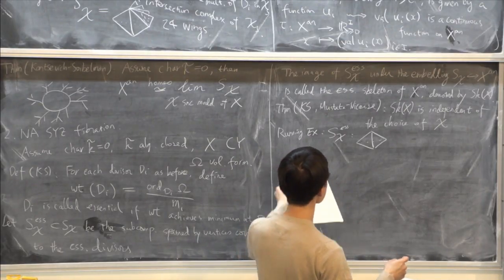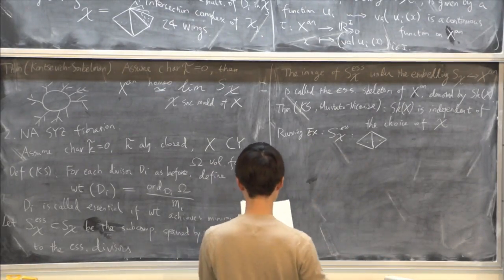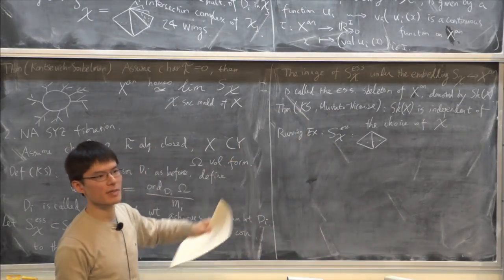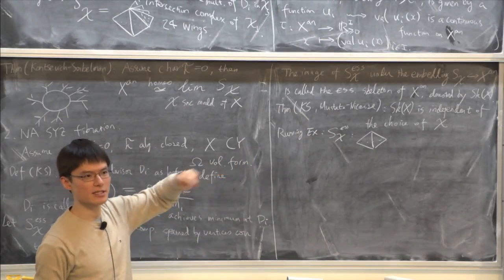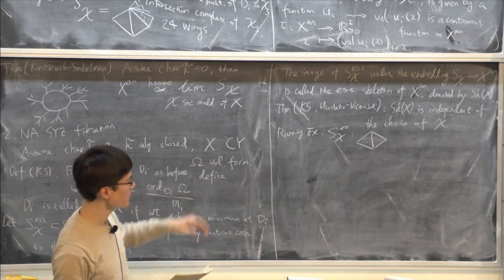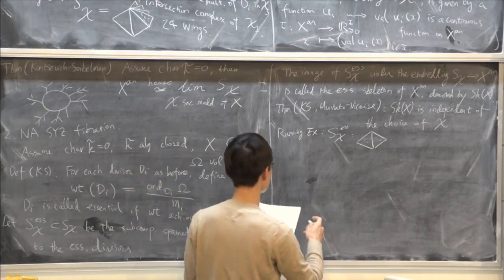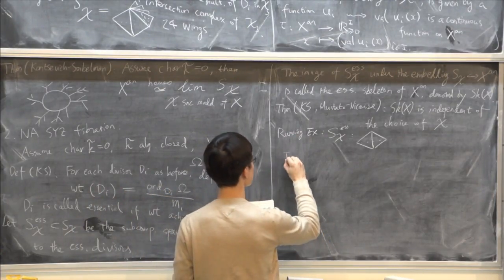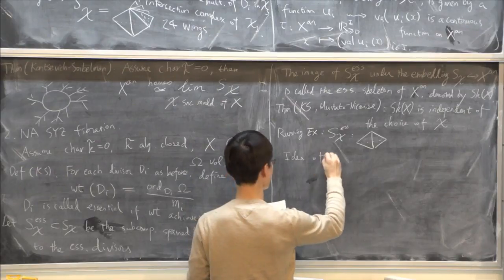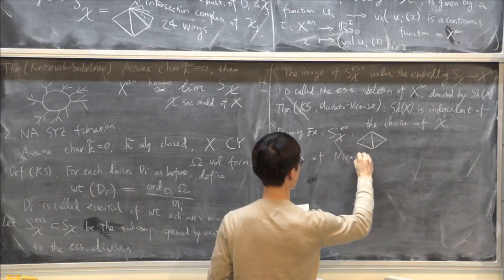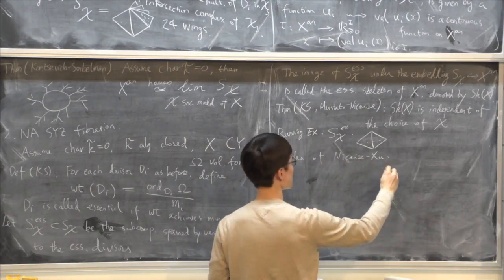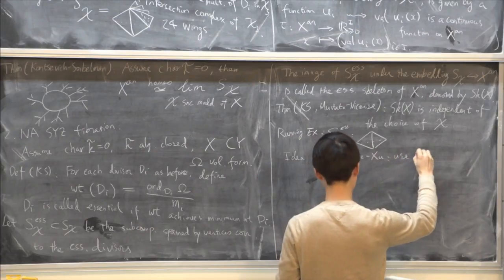So this is the essential skeleton. In order to get a retraction map from the analytic space to the essential skeleton, one can use the idea of Nicaise and Xu. They use the minimal model program.